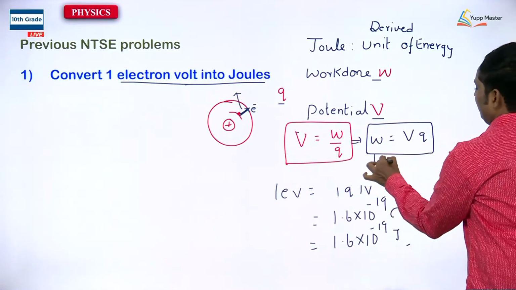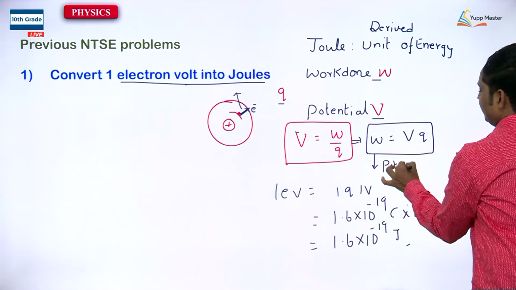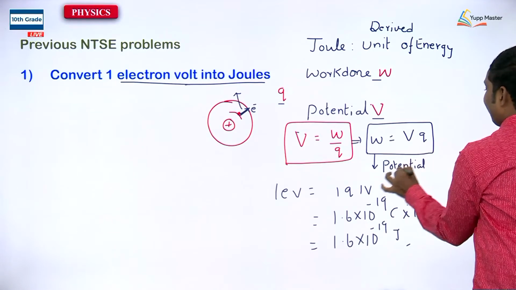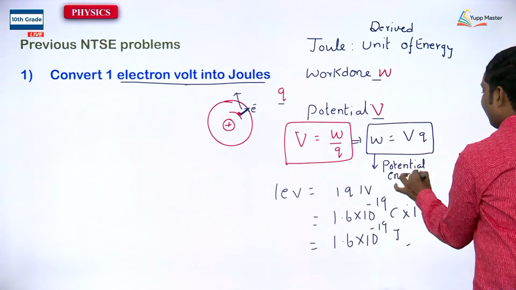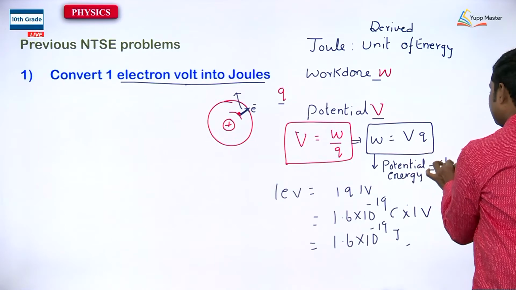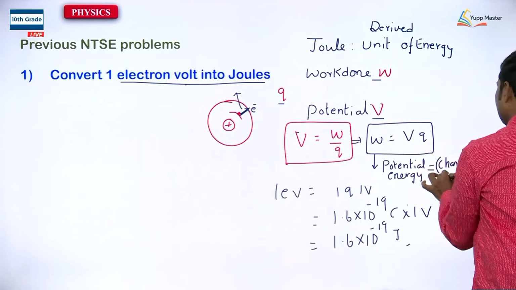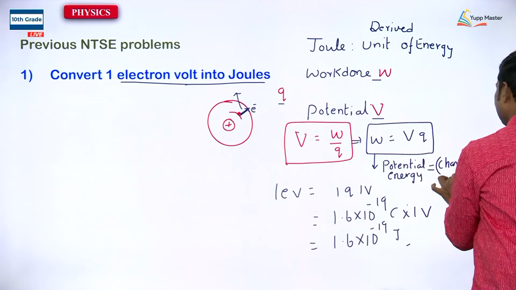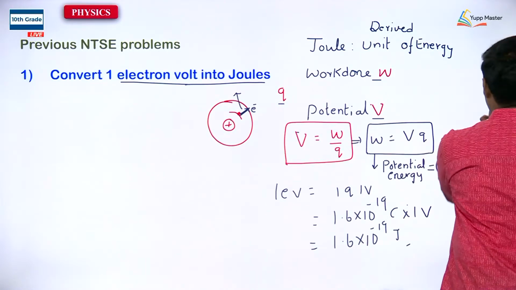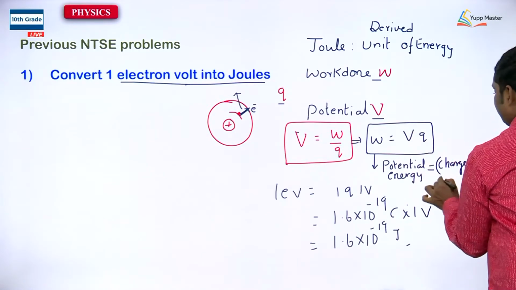So, 1 coulomb charge we have taken, and the potential is going to be 1 V. Now, potential energy is equal to charge into voltage, potential difference. We have to get this potential difference.